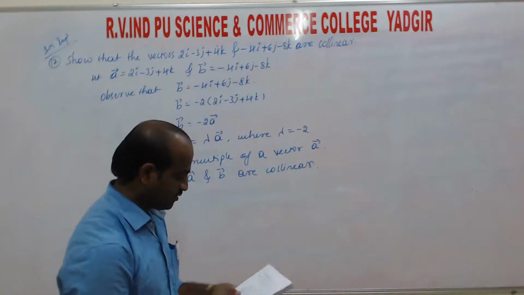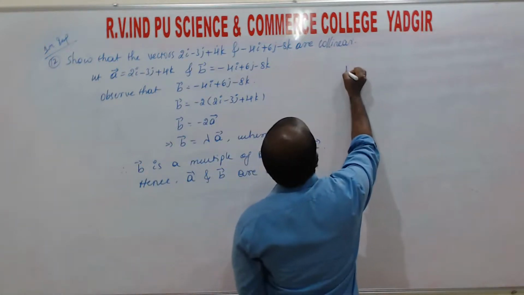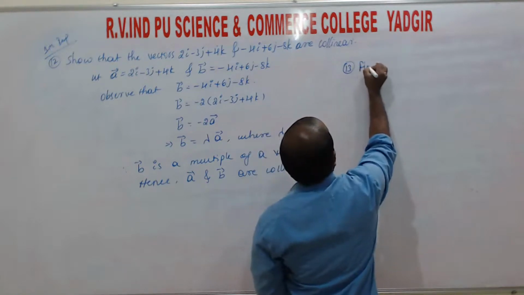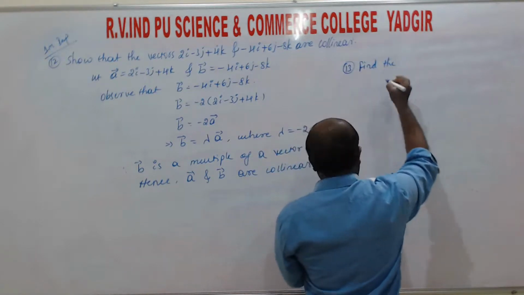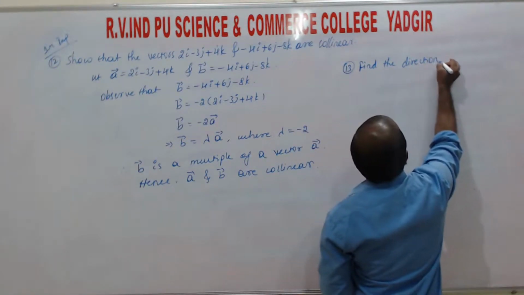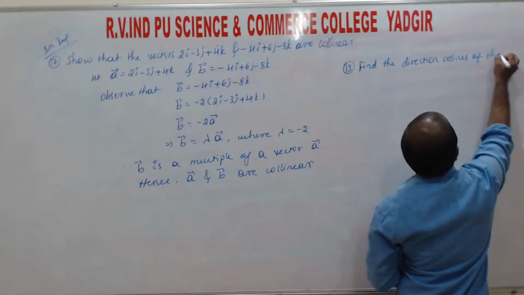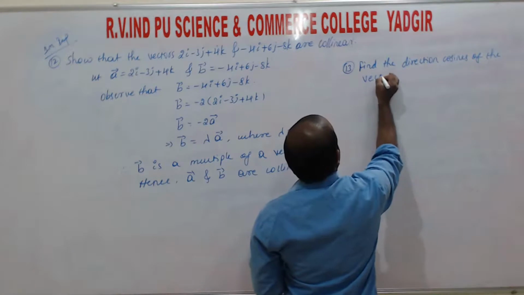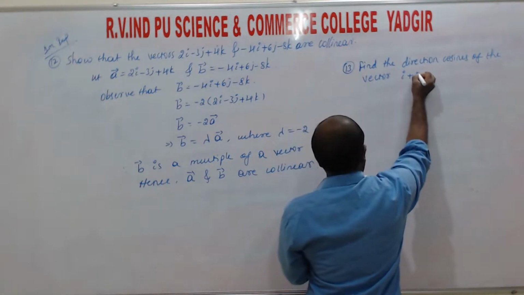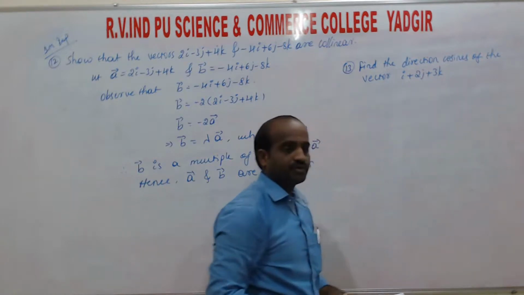Next, find the direction cosines of the vector i plus 2j plus 3k.